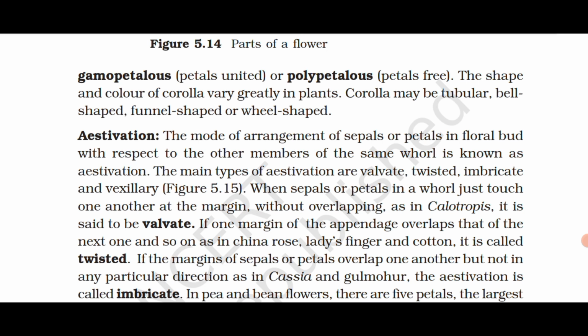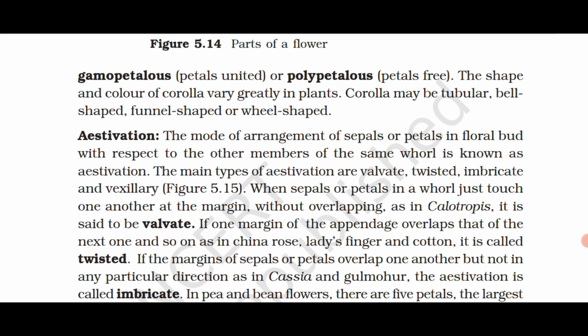When sepals or petals in a whorl just touch one another at the margin without overlapping, as in calotropis, it is said to be valvate.